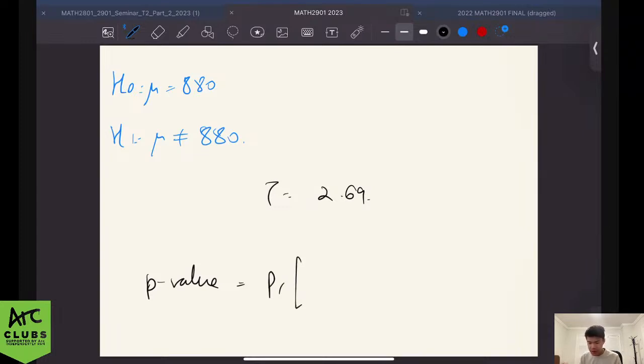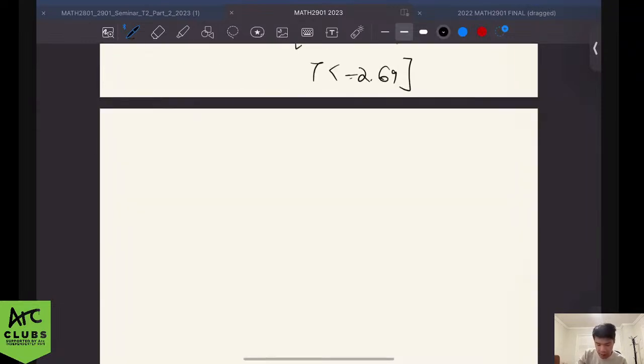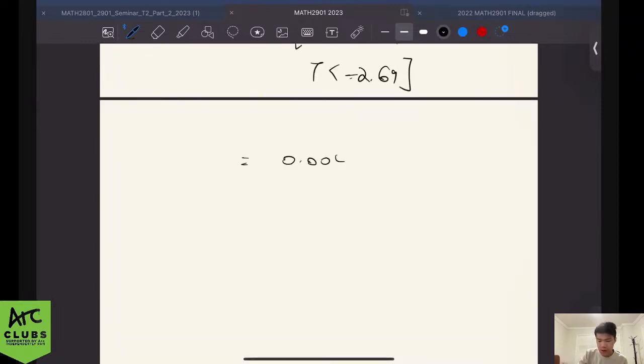So extreme in this case refers to the magnitude. So it will be t is greater than 2.69, or another way of being extreme is less than minus 2.69. Okay, and because the t distribution is symmetric, it will just end up being 0.0049 times 2, which equals 0.98. Okay. The point is that your hypothesis tests themselves determine what extreme means and then determine what the p-value means.